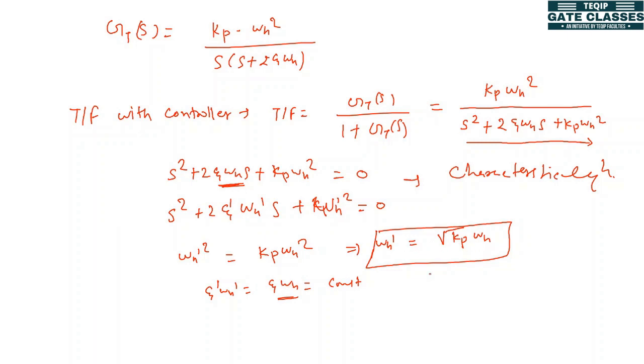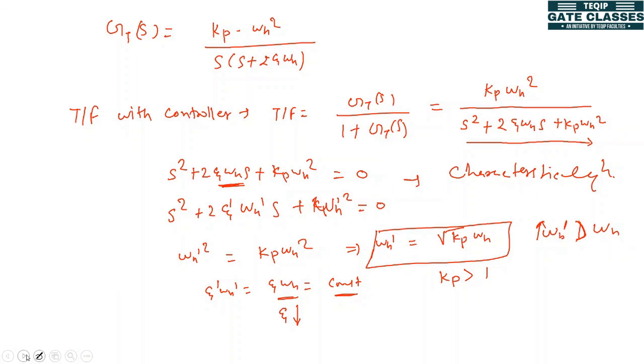So let us suppose Kp is greater than 1. If Kp, the proportionality constant or gain of the controller, is greater than 1, then omega n dash will be greater than omega n, or you can say omega n dash will increase.